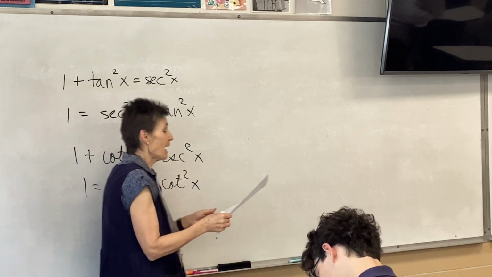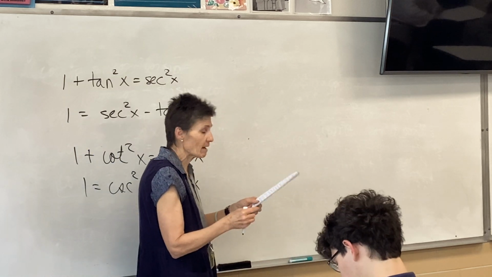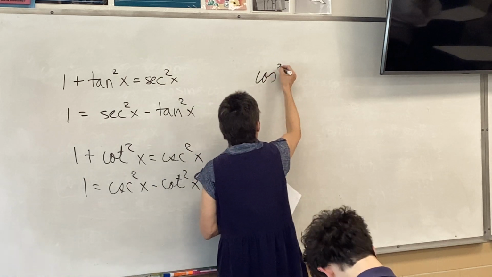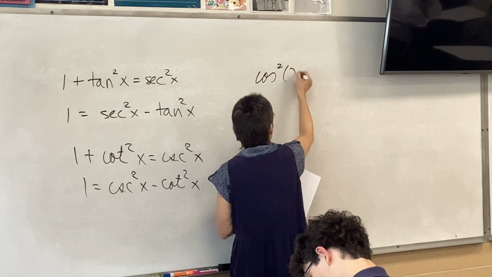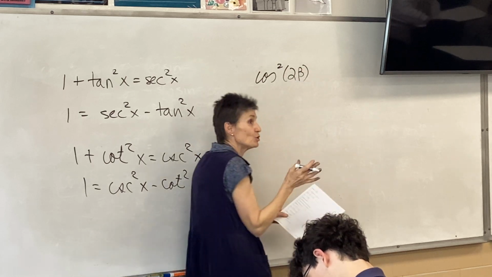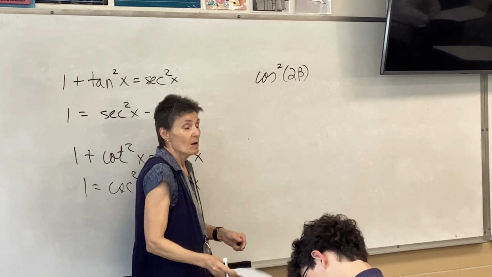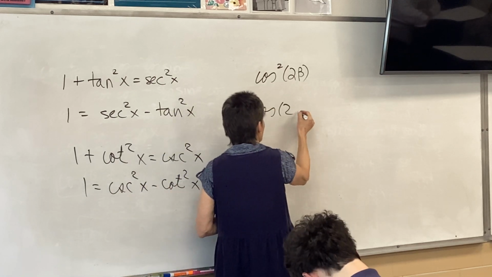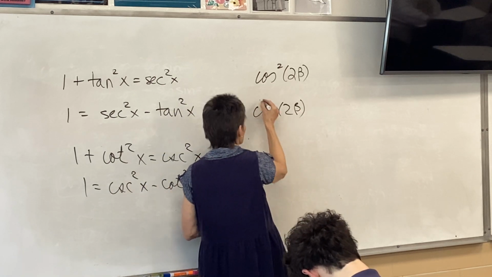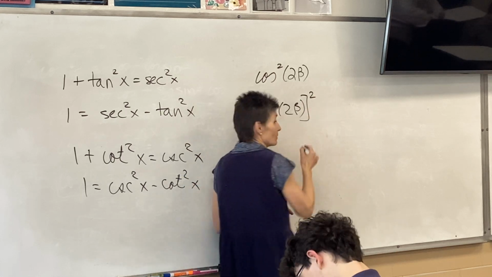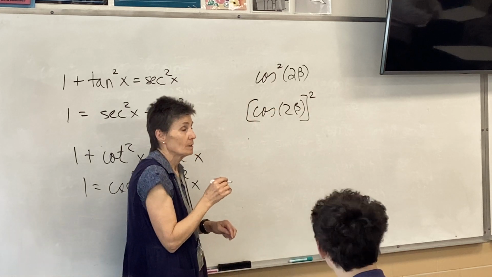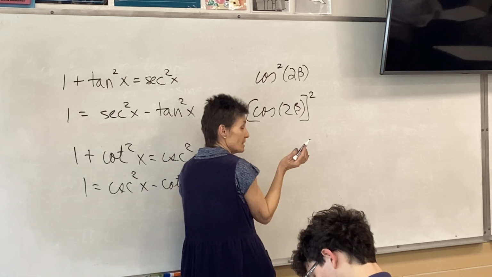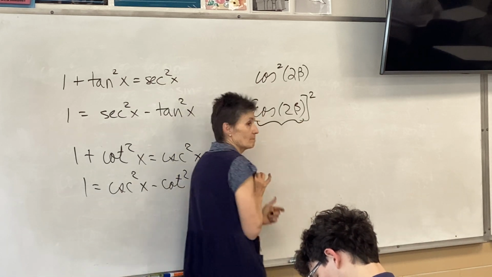All right, now, how are you faring with number 7? As always, there are a couple of ways that we can do this. One way is to think of this as cosine 2 beta, squared. Now, I have some formulas for this.